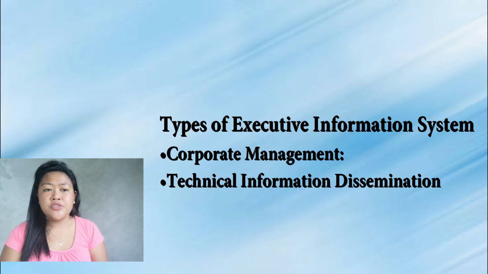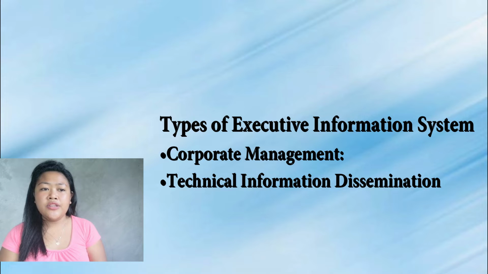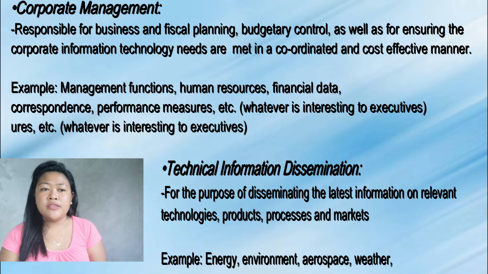There are two types of executive information system: the corporate management and technical information dissemination. Corporate management is responsible for business and fiscal planning, budgetary control, as well as for ensuring the corporate information technology needs are met in a coordinated and cost-effective manner.